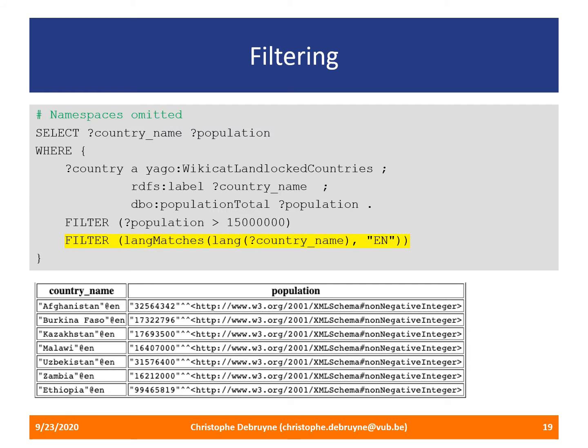How do we go about doing this? Well, we add an additional filter clause. We want to filter those countries who have a label, country name, of which the language, and we use this accessor, lang matches English. And this is according to a particular standard, and you can check whether it's English or Dutch or French, and you can even go as far as saying Irish, English, and whatnot.